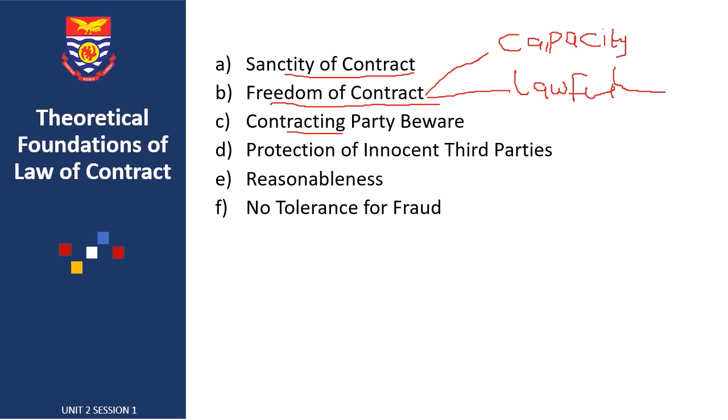You also have the protection of the innocent third party purchaser. Here the law simply states that if a third party enters into a contract with another person, without notice of the defective title of the seller, then the law should come to the aid of the innocent third party purchaser to protect him or her.